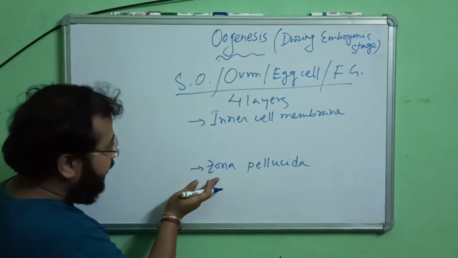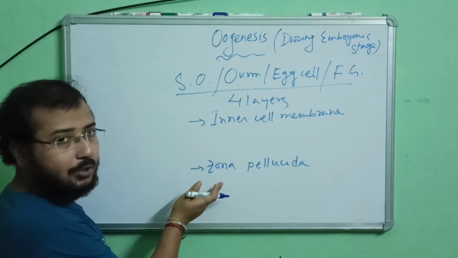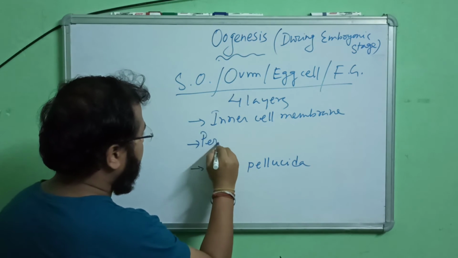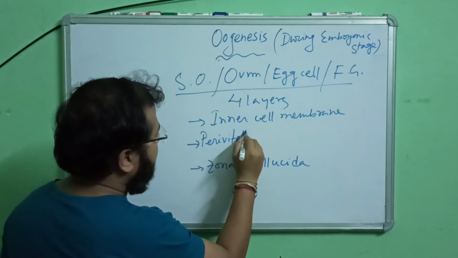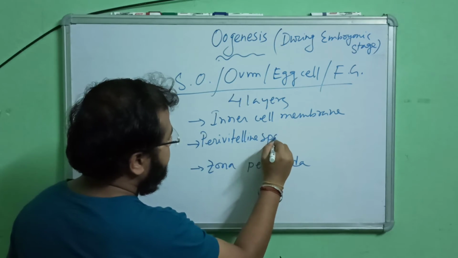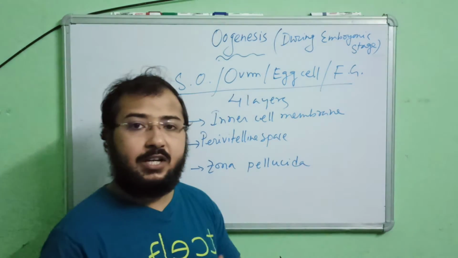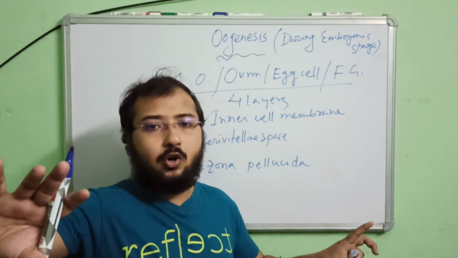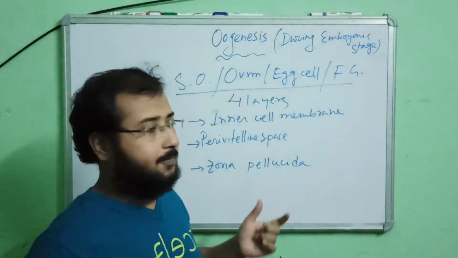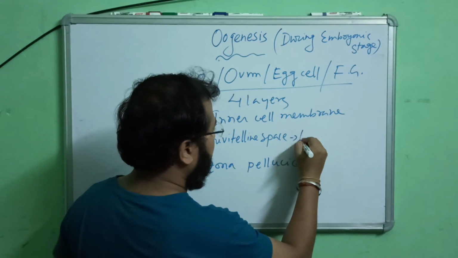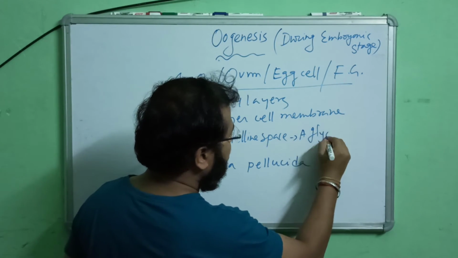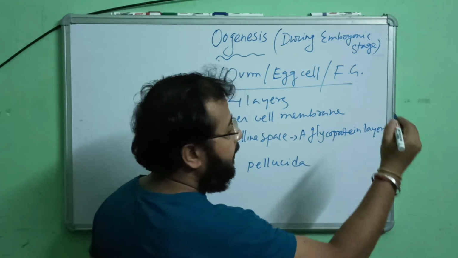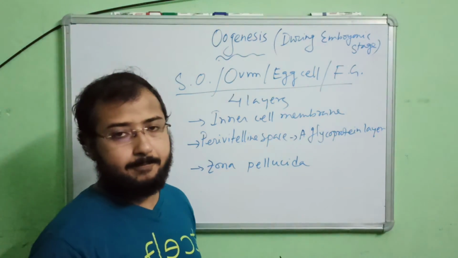In between these 2 layers, cell membrane and zona pellucida, the space left is known as perivitelline space. This space is rich in glycoprotein. That's why a layer of glycoprotein is formed in this space. So, a glycoprotein layer developed in the perivitelline space.